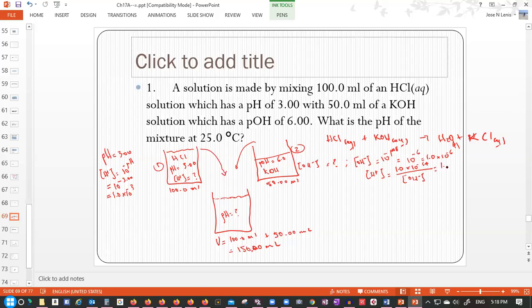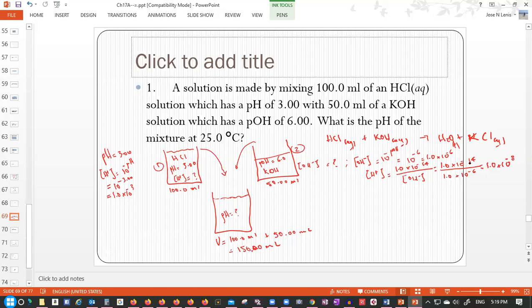So it's going to be 1.0 times 10 to the negative 14 divided by 1.0 times 10 to the negative 6. And that gives you 1.0 times 10 to the negative, so you subtract these two. It's going to be negative 14 plus 6, so to the negative 8. That will be the concentration of H plus.